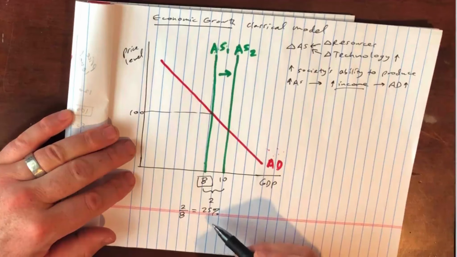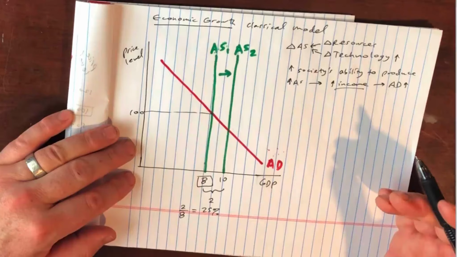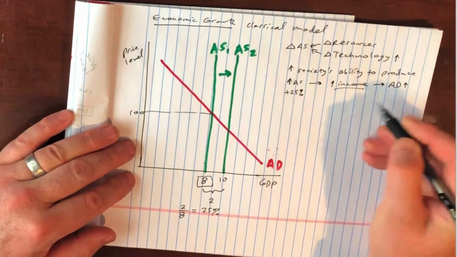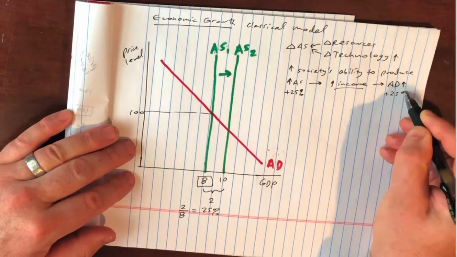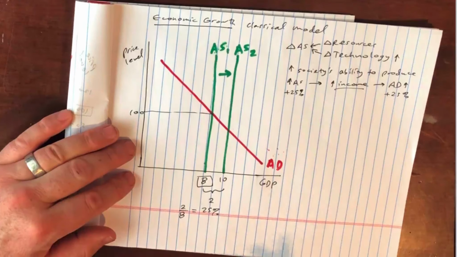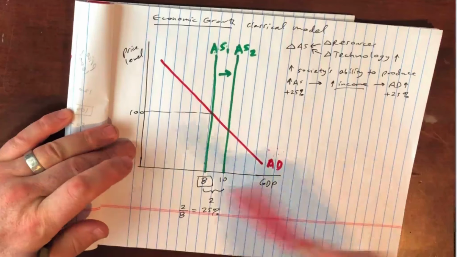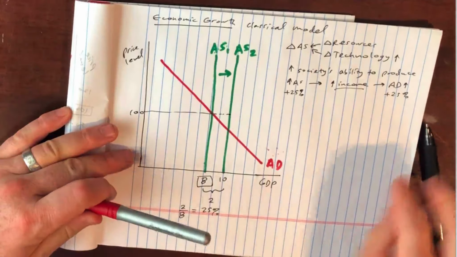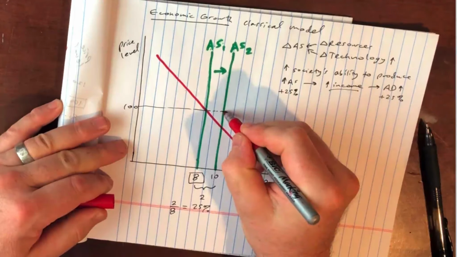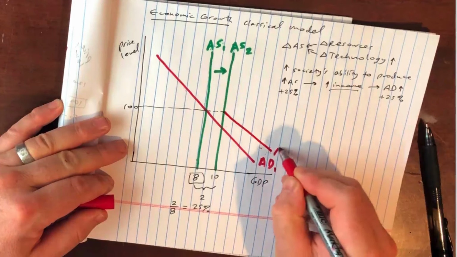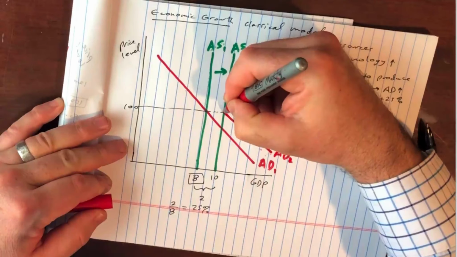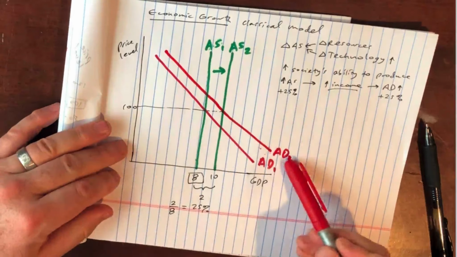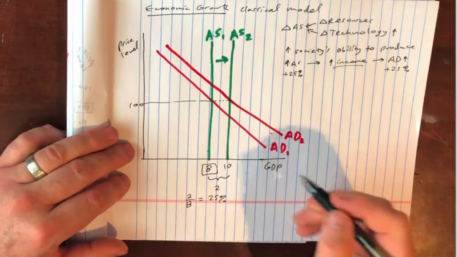So if society is able to produce 25% more wealth, then it should also have 25% more income. This is the thinking in classical economics. So the shift in the aggregate demand curve that happens should be exactly commensurate. AD1 to AD2 should go through perfectly parallel to the one that came before.